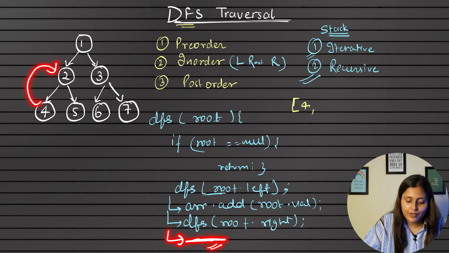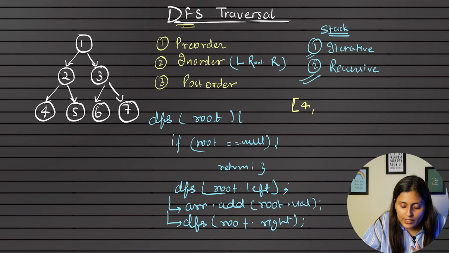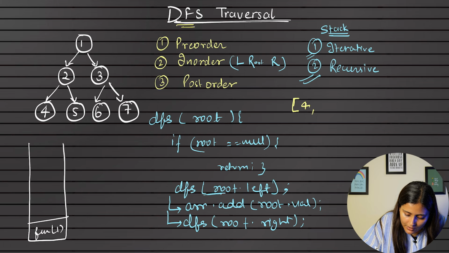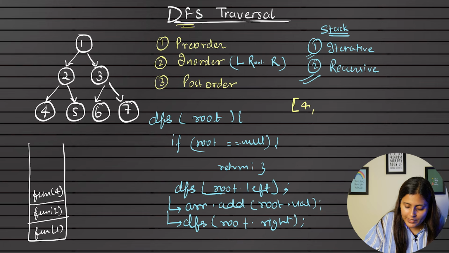So for 2, if you remember, let's visualize through the recursive stack. Here we had, right? I'm just writing the function for 1 we called. After that we called function 2. Now after 2 we called function 4, because we are calling left only. After 4 we called 4.left, which was null.